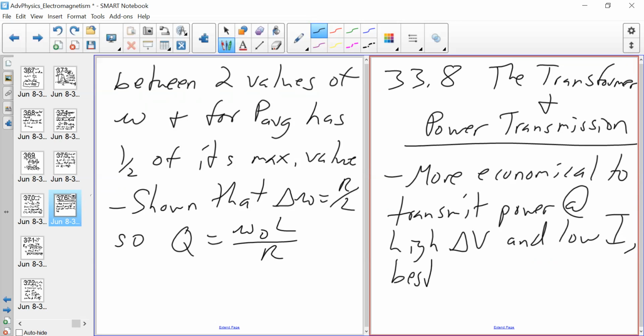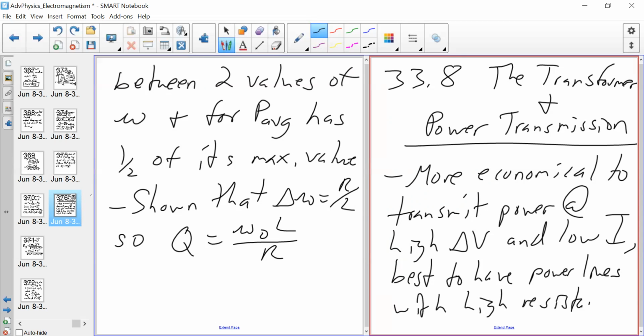So it's best, in order to do that, to have power lines with high resistance. And the reason why your power station is way out in the middle of nowhere is because you want to maximize the situation: high voltage, low current, so that you can minimize the amount of power loss.